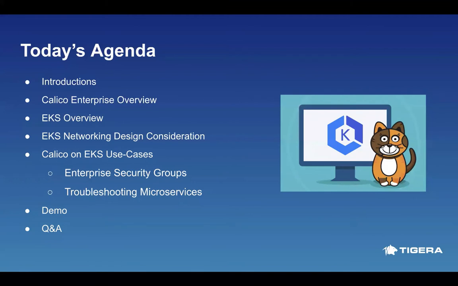Then we'll switch over to talk about two key areas that we have seen a lot of our EKS users, as well as Calico users, struggle with or have challenges with around securing their applications with enterprise security groups, as well as troubleshooting those microservices. So those are the two key topics that we'll be going through, as well as a quick demo of Calico on EKS.